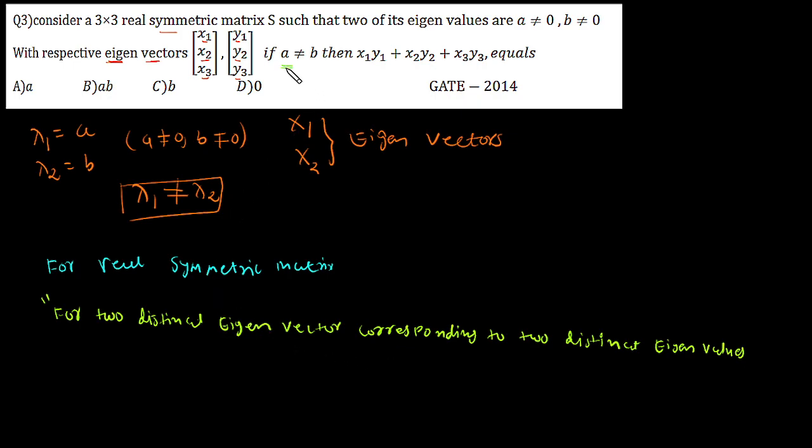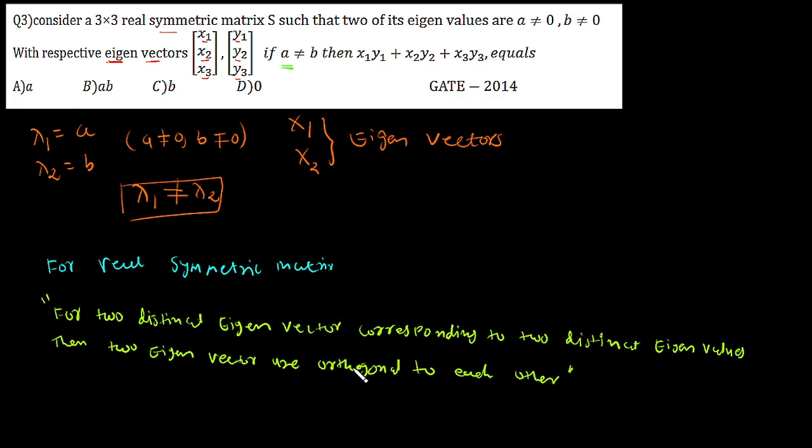Then the two eigenvectors are orthogonal to each other. So this is the property for a real symmetric matrix.